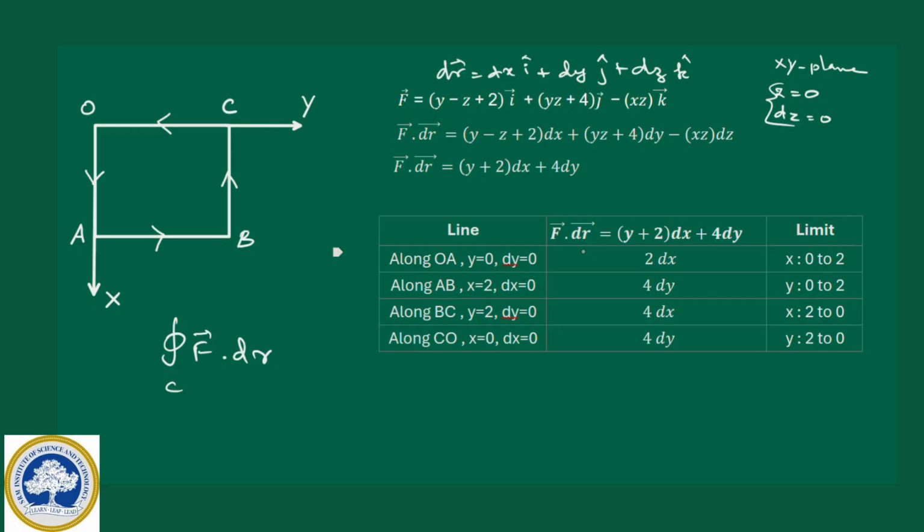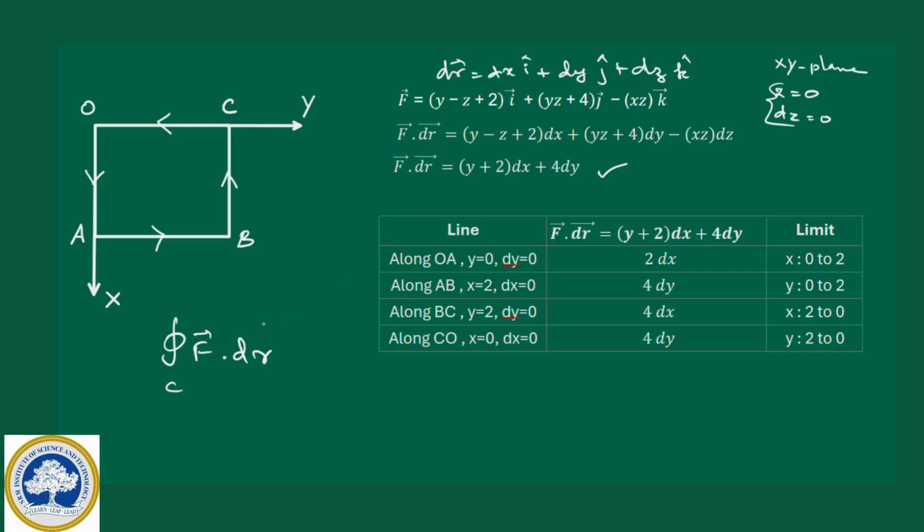And what about f dot dr in this case? In f dot dr, if we put y equal to 0 and dy equal to 0, we will have 2 dx, and dy is also 0. So the final answer is 2 dx.